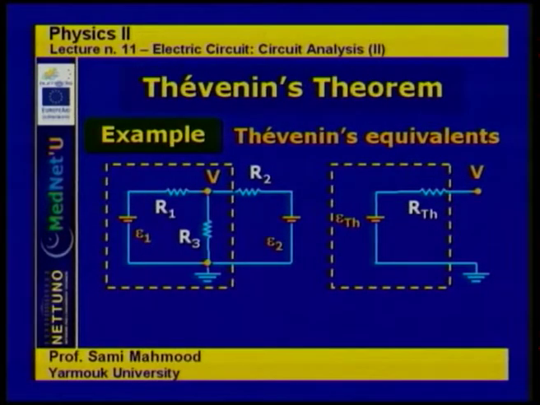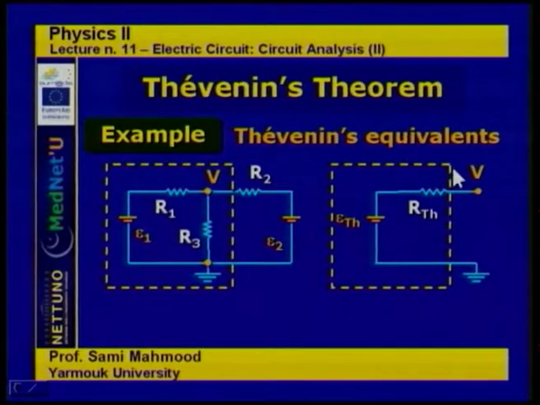In that case, we take the points that are shown here at the beginning and the end, and we consider everything else inside a black box. So we have epsilon 1, R1, and R3 as if in a black box.